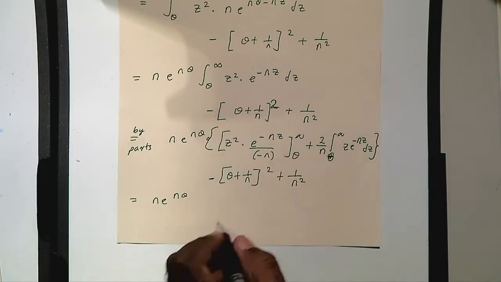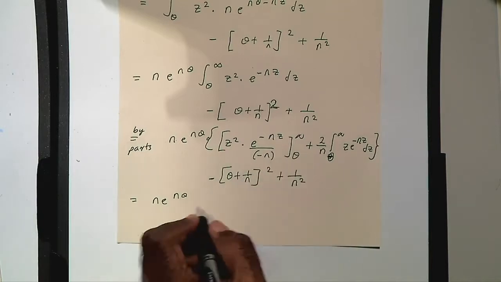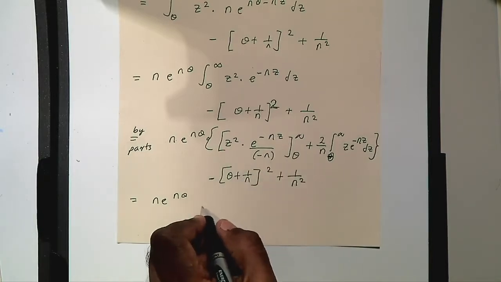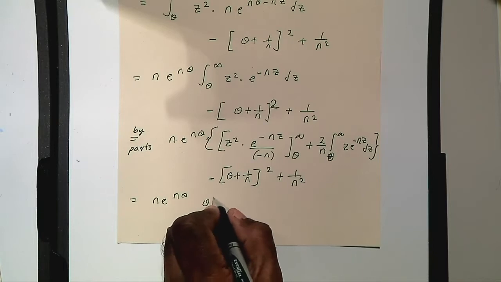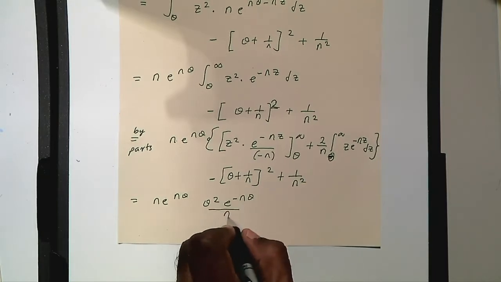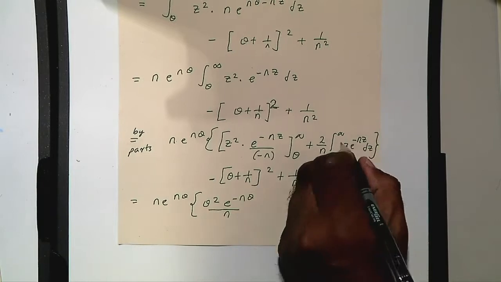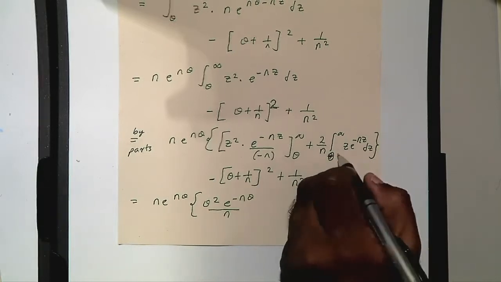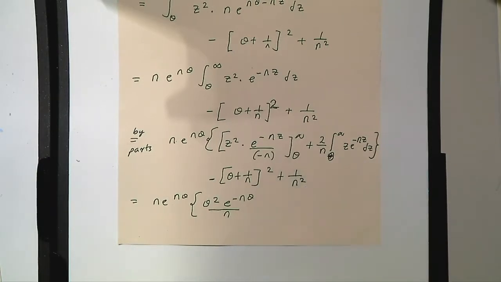Now you should take the limits. At infinity is 0. At theta it will be theta squared e to the minus n theta divided by n. And this integral here, we already know what this is from the first part, right? So if you look at the first part, guys, it is something like, I'm trying to figure, all right, it's this here.